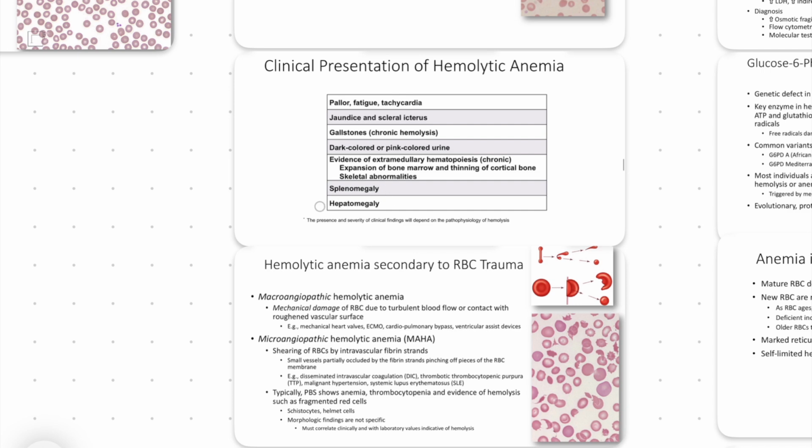The hepatomegaly, the enlarged or palpable liver, is a result of something that's called extramedullary hematopoiesis, and that means that you're having production of blood cells outside of the bone marrow. And it's sort of a backup mechanism, but it's trying to compensate for the insufficient production of red blood cells to meet the body's needs. So they're being produced, but we don't have enough to meet the body's needs.